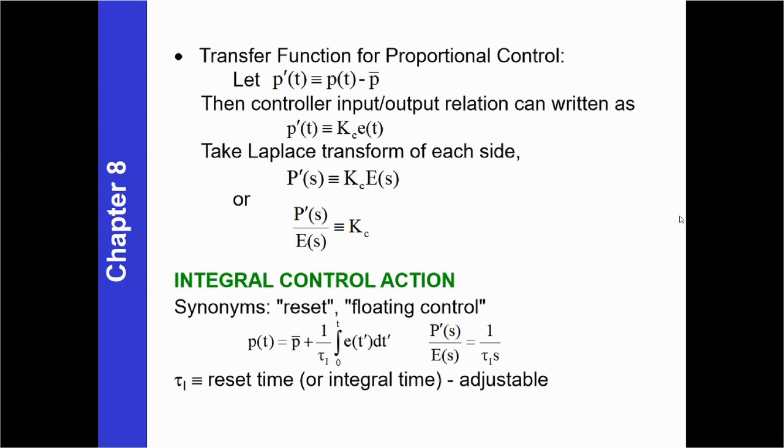Taking the Laplace transform of each side, we have p dash(s) equals Kc E(s). So now we have S instead of T after applying the Laplace transform. In this case, p dash(s) over E(s) equals Kc. That is the transfer function for proportional control.